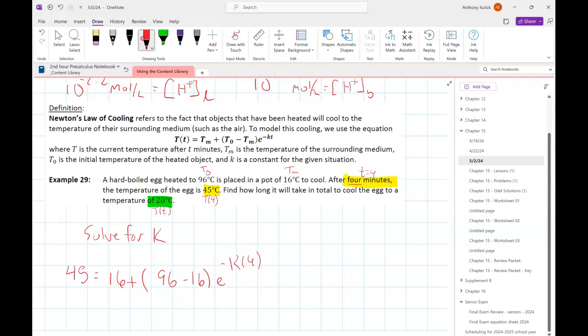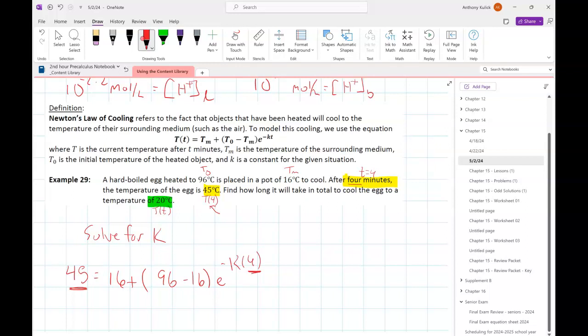To solve this, what can I do? Do a whole bunch of algebra, or what else will work? Graph it on my calculator and find that intersection, right? Why is it 45? Because that's the temperature after 4 minutes. So when t is 4, I know the temperature is 45.